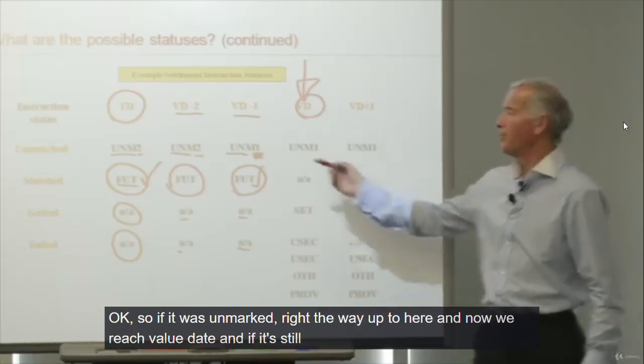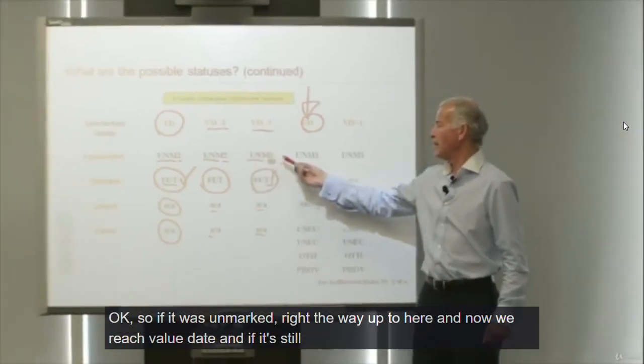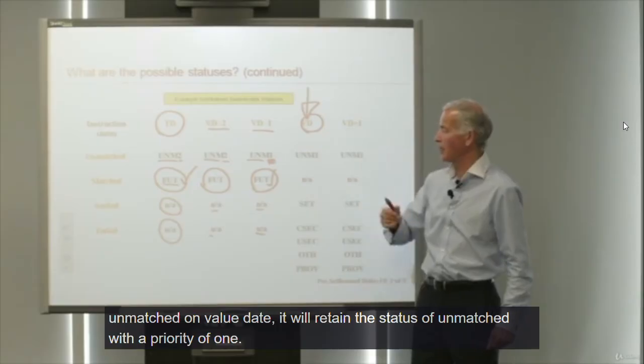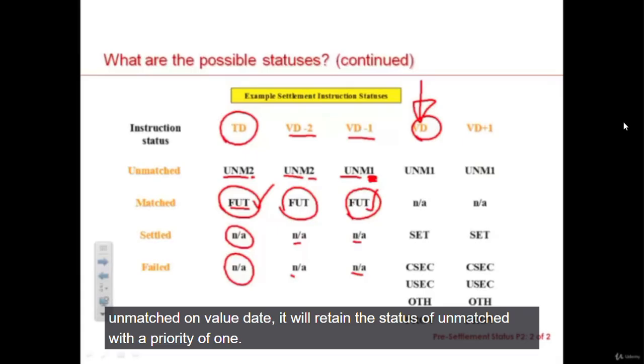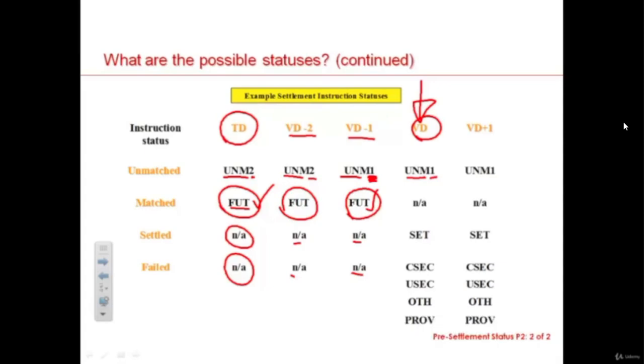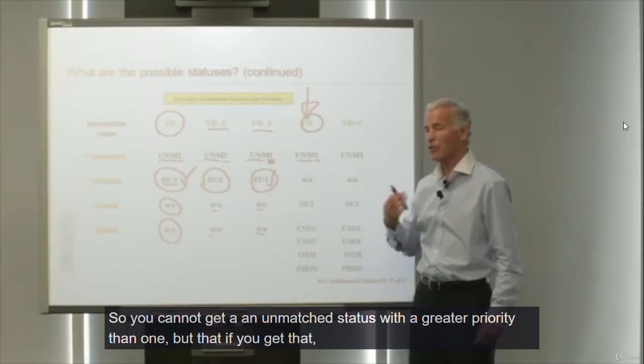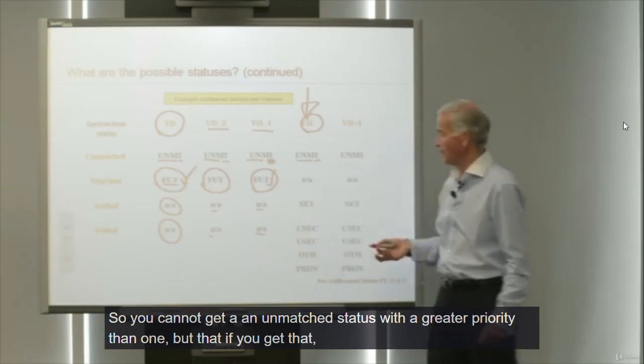Okay, so if it was unmatched right the way up to here, and now we reach value date, and it's still unmatched on value date, it will retain the status of unmatched with a priority of 1. So you cannot get an unmatched status with a greater priority than 1.